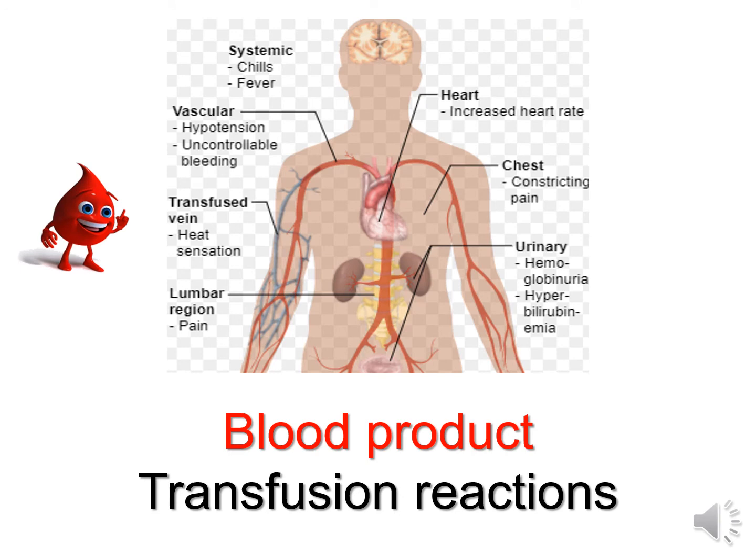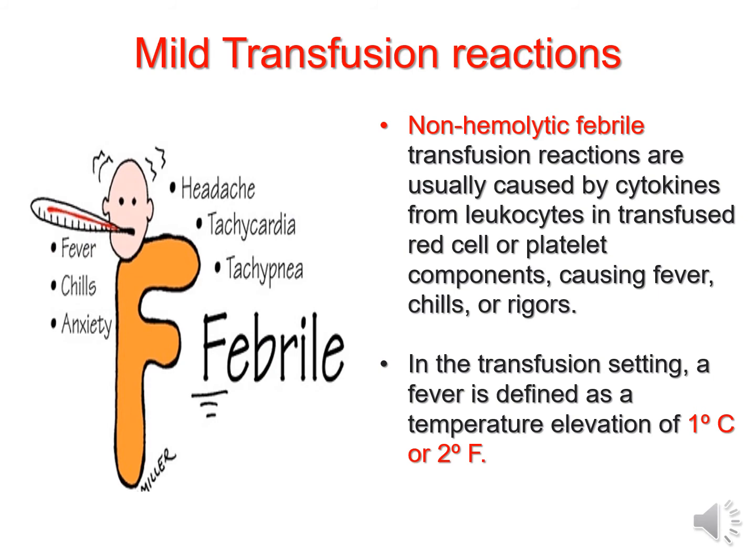What are some of the transfusion reactions that can occur as a result of giving a blood product or blood? Well, you can have mild transfusion reactions, which could include non-hemolytic febrile transfusion reactions, and these can result in fever, chills, anxiety, a headache, tachycardia, tachypnea.